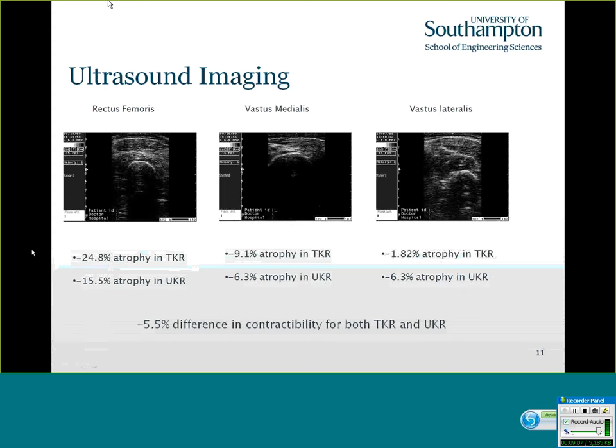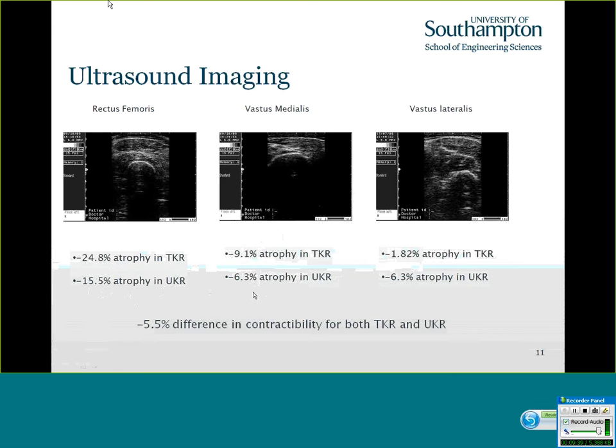And for those going under a unilateral knee replacement, we found around 15.5% atrophy. So quite a lot of muscle wasting within the knee. And if we look at the other vasti muscles, such as vastus medialis oblique and vastus lateralis, again, we're seeing atrophy, at about 9.1 and 2%. So not as much muscle atrophy, but again, a significant amount.